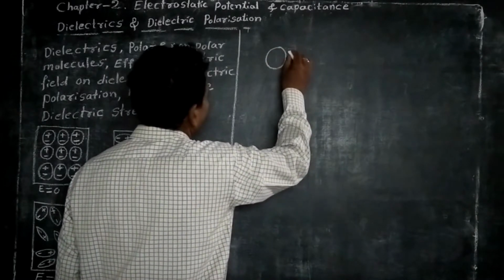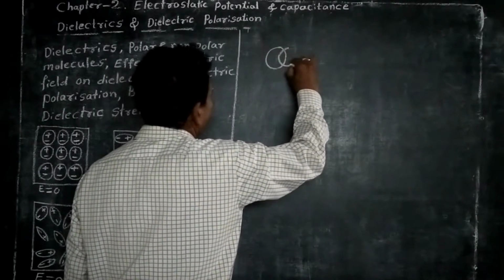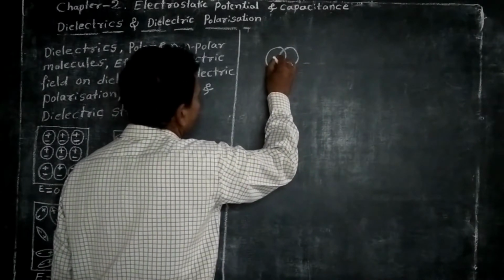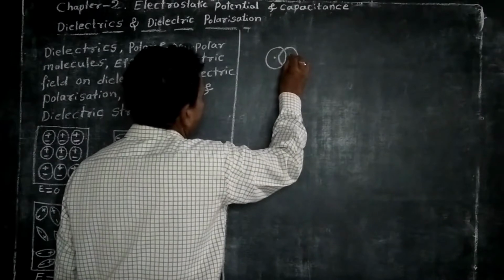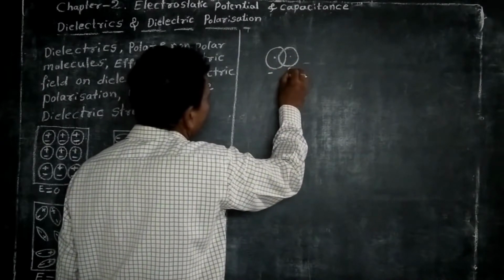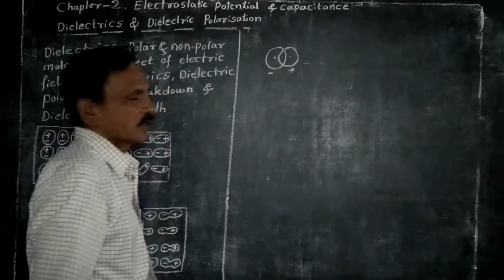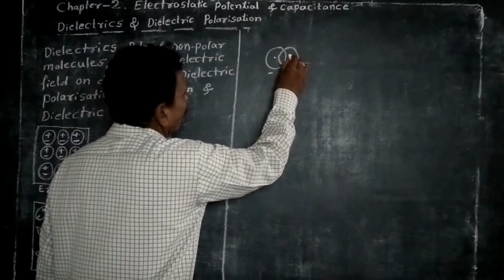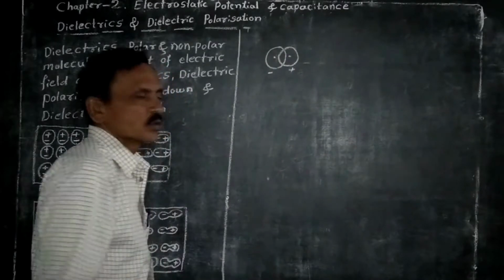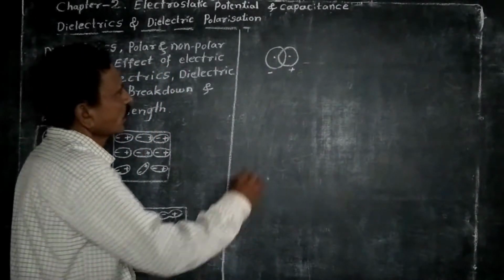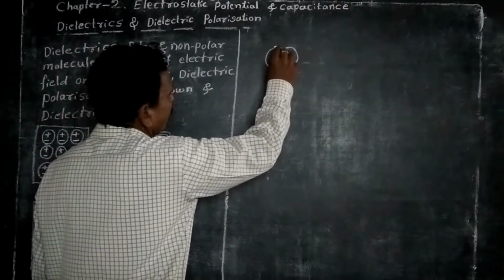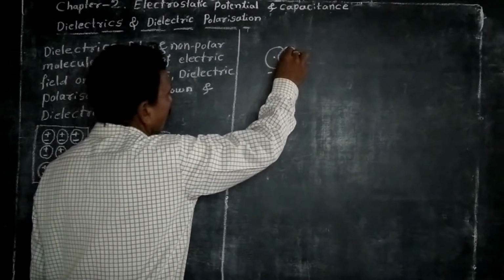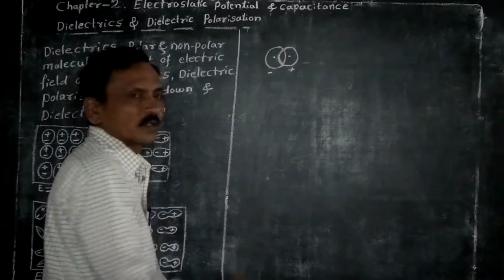Consider a molecule consisting of two charges, this is the negative charge and this is the positive charge, and these are the centers of negative and positive charges. The region of negative charge is up to here and the region of positive charge is here.